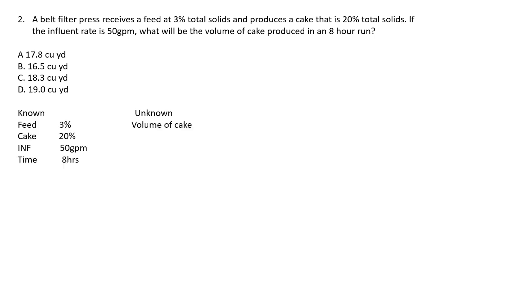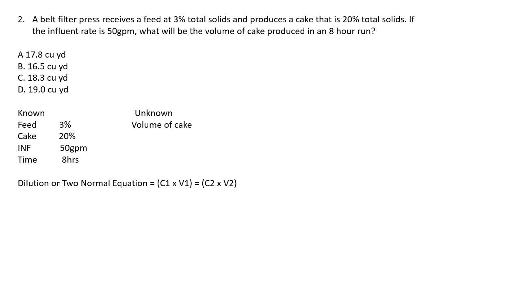The feed was 3%, the cake produced was 20%, the influent flow was 50 gallons per minute, and we're looking for a time of 8-hour run, and we want to find the volume of cake. So this is a dilution, or two normal, equation: C1 times V1 is equal to C2 times V2, where C is concentration and V is volume.